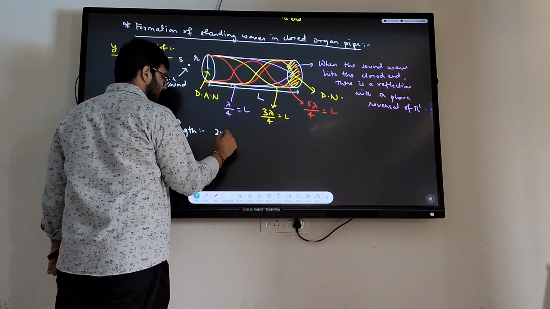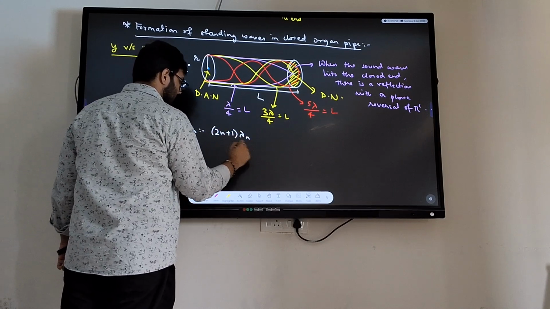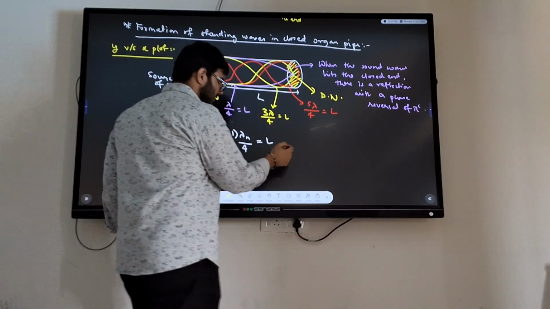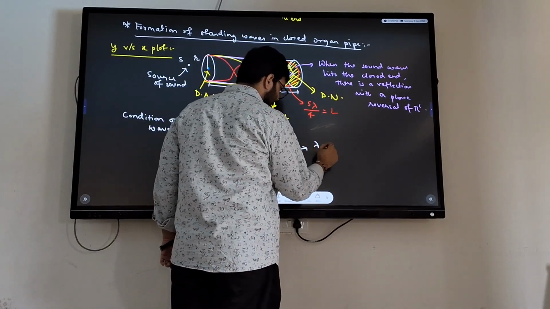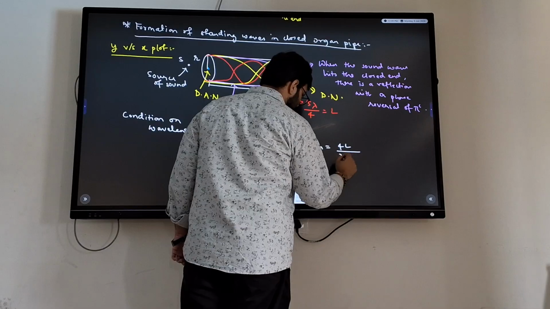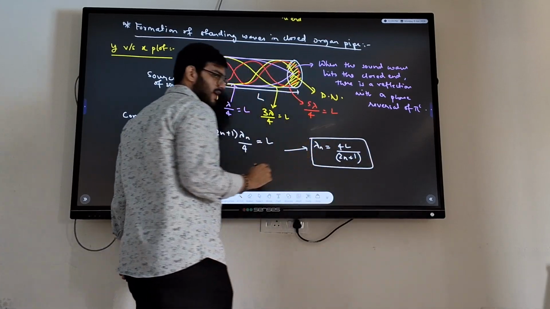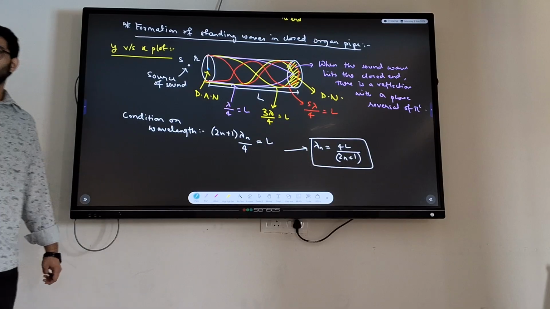So (2n plus 1) lambda n by 4 equals L, na? Yes? This gives lambda n is equal to 4L by (2n plus 1). What is the restriction on n? What is the restriction on n?